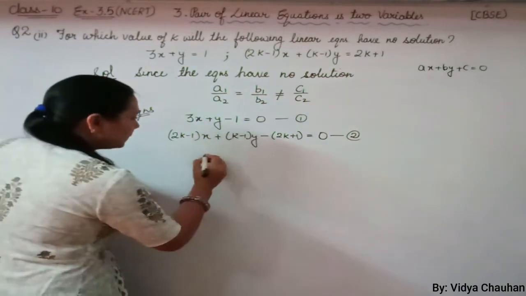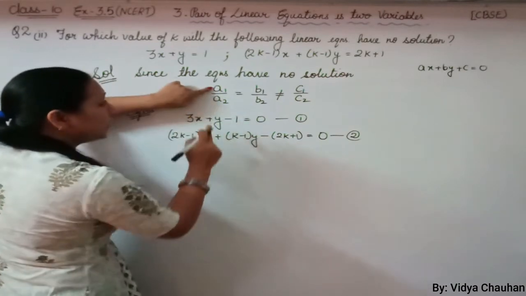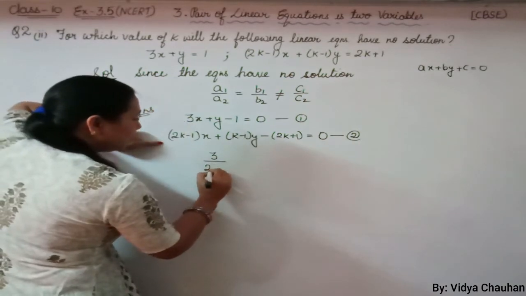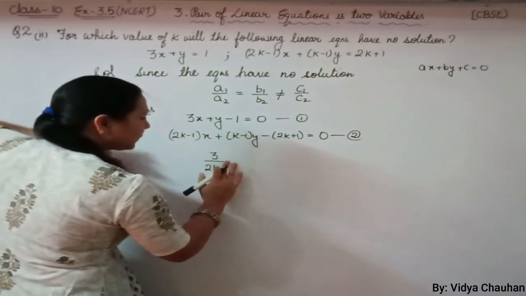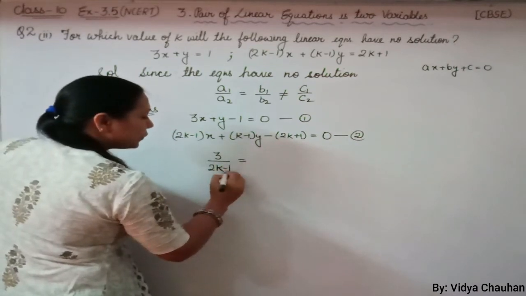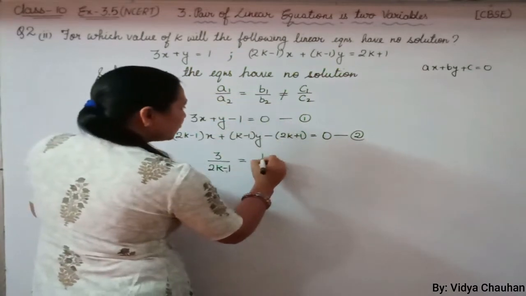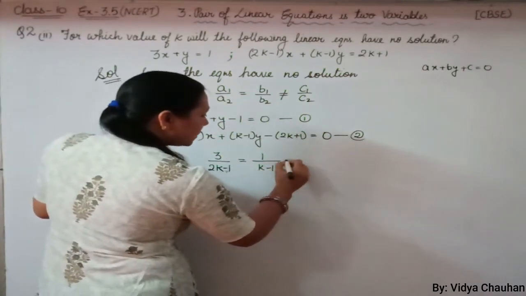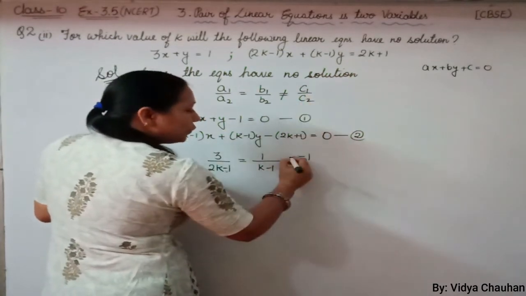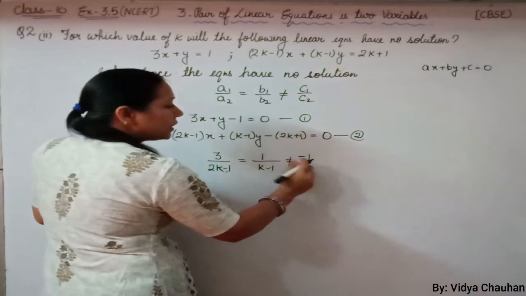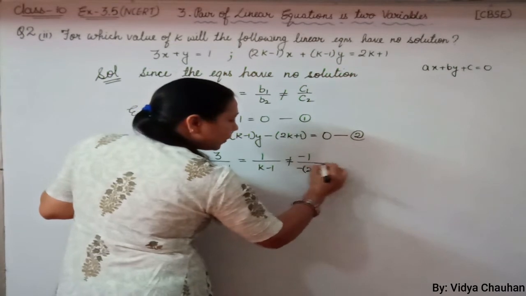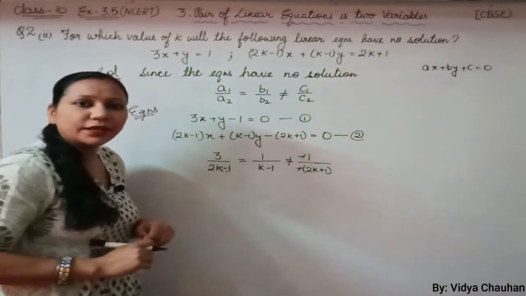So now a1 upon a2: a1 means 3 upon 2k minus 1, equals b1 which is 1 upon k minus 1, and then equals, not equal to basically, c1 upon c2. So now it is minus 1 upon minus 2k plus 1. Here minus and minus cancel out.